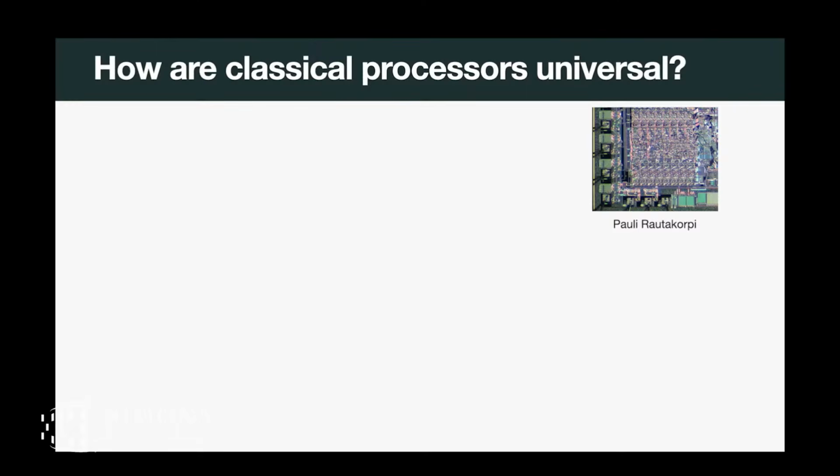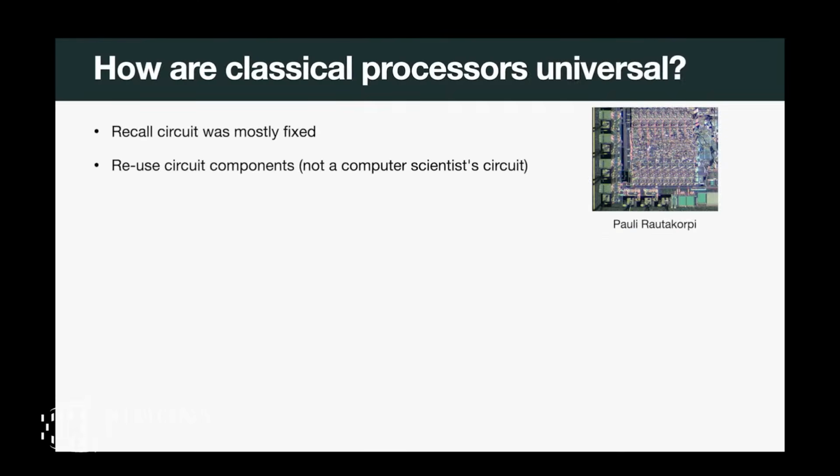So in terms of how classical processors are universal with a very small number of controlled bits, have this picture in your head where you have something hard-coded. And each time, nobody can see this, but there's a wire coming off of the screen here, and some pad right here that's going into the bulk. So the major idea that allows this to work: classical processors, we call them circuits, but they're not in the circuit model that computer scientists think about.